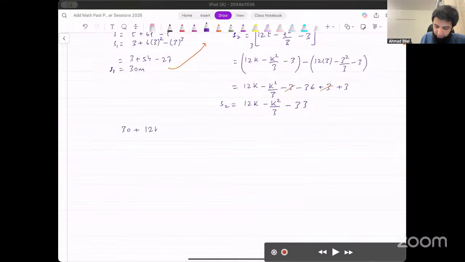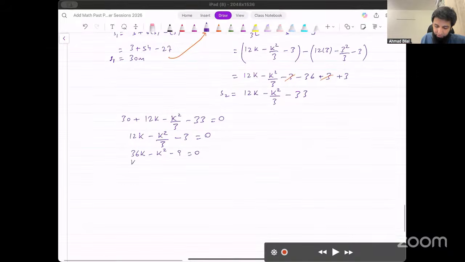30 plus 12k minus k squared over 3 minus 33 equal to 0. Multiply the whole equation by 3 to simplify this. Before that, I will do one more step. 30 minus 33, that's minus 3. Multiply the whole equation by 3 and that will give me 36k minus k squared minus 9 equal to 0.